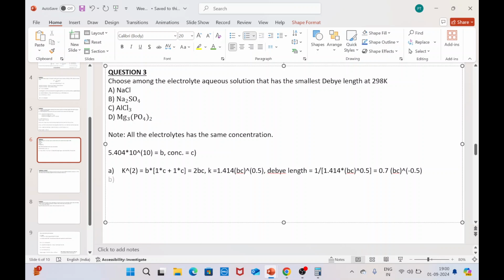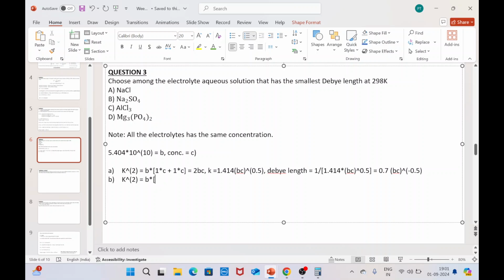Option B will be b times, again, Na2SO4. Na plus is 1 and SO4 2 minus is 2.